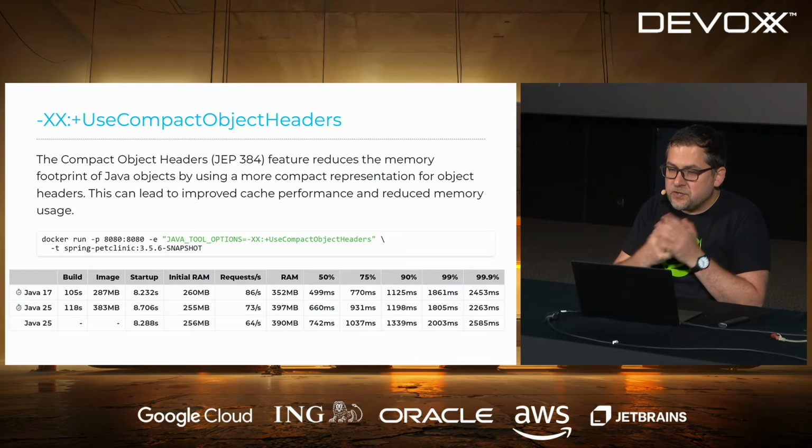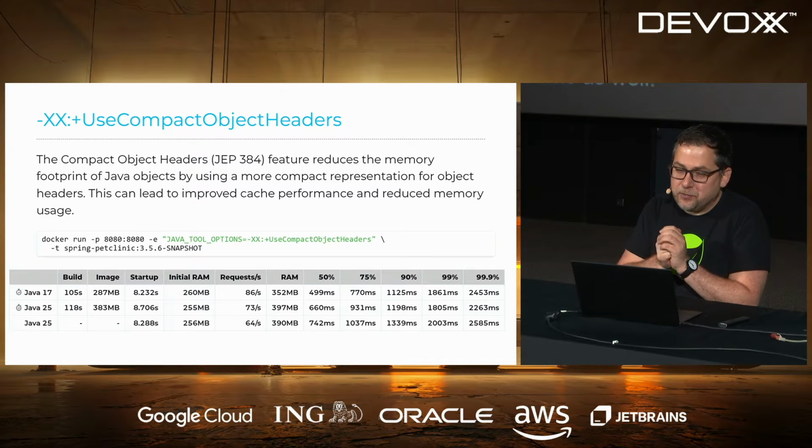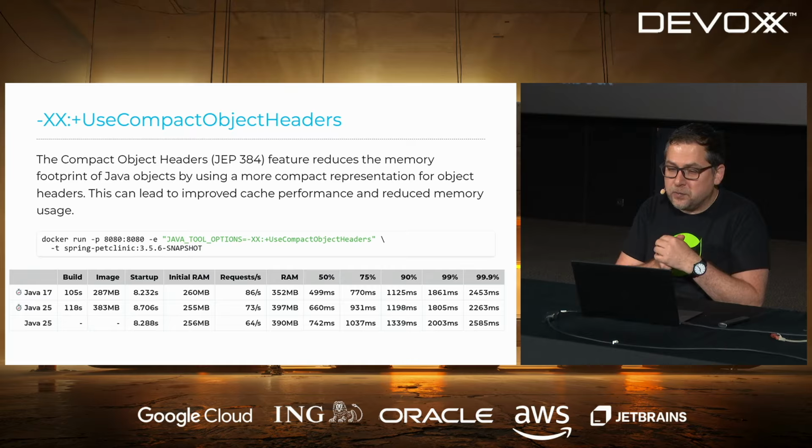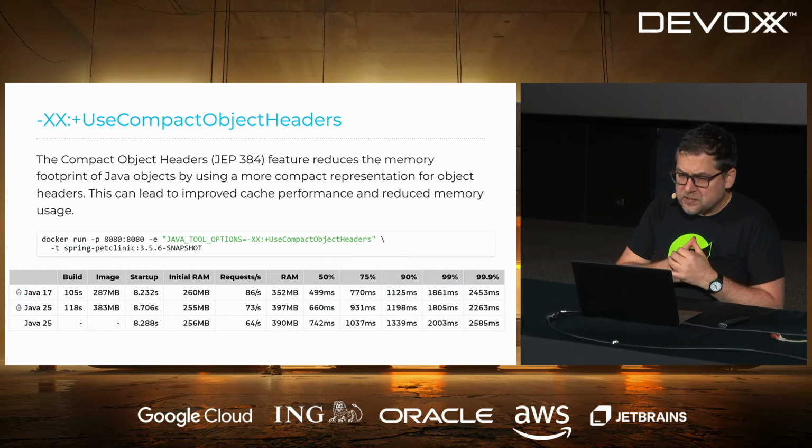So having these compact object headers saves memory, and that's the goal. As you can see, it doesn't lead to better numbers, but maybe they're good enough for you. Who knows? I also expect that it gets better over time. But I think we have to ask the Java folks who know more about how that will change, or maybe the PetClinic as a web application where I just do some load testing is not the right use case.